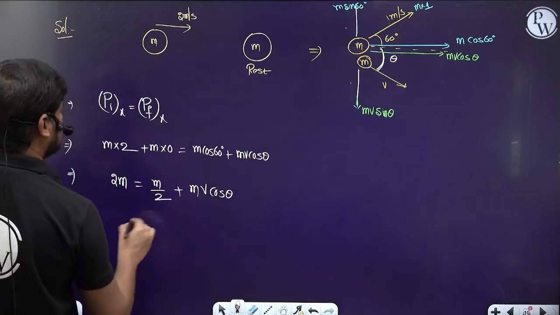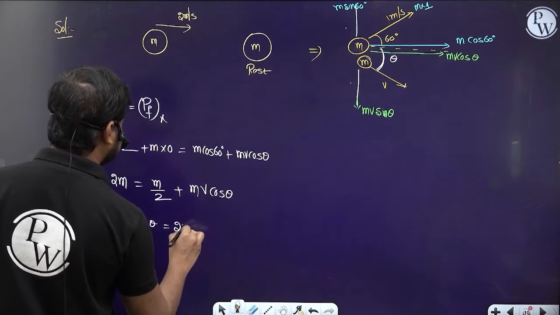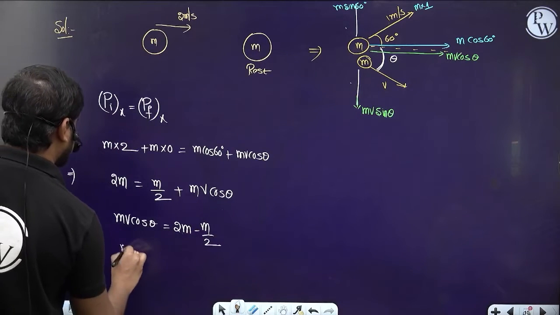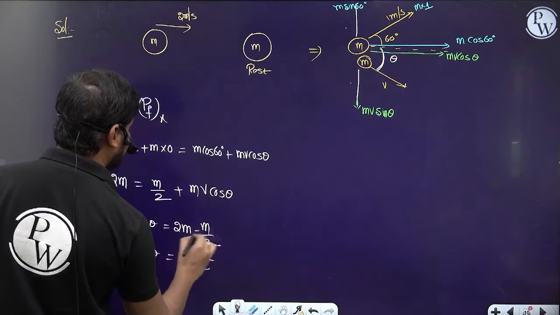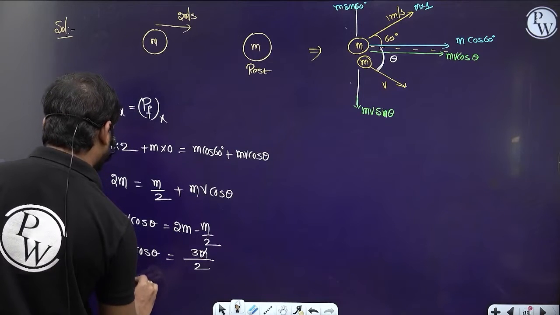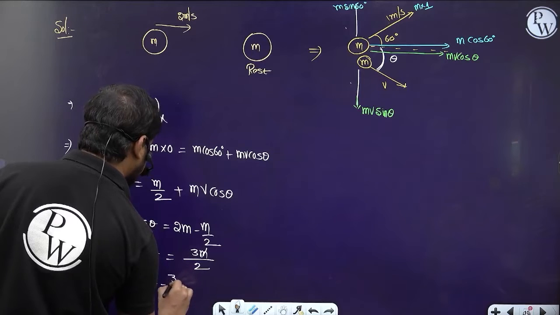We get mv cos theta equals 2m minus m by 2. From here, 2 is the LCM, so mv cos theta equals 3m by 2. The m cancels, so we got v cos theta equals 3 by 2. Let it be equation number 1.